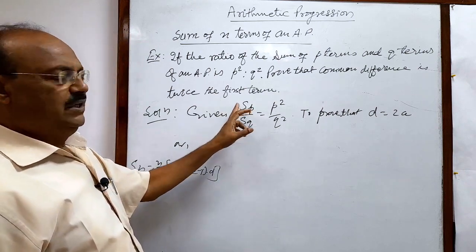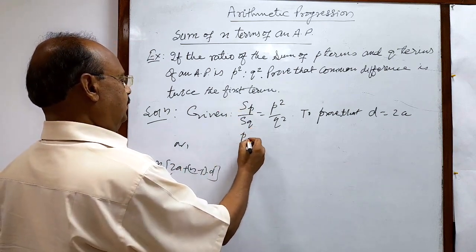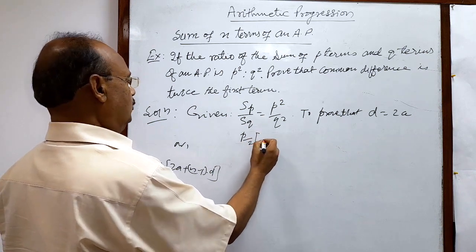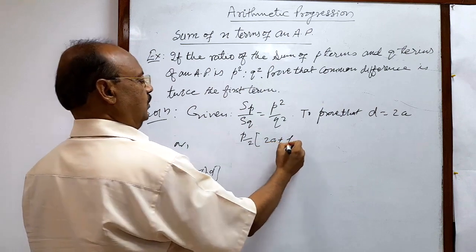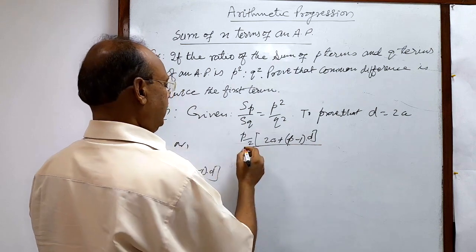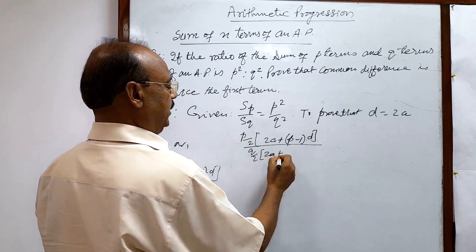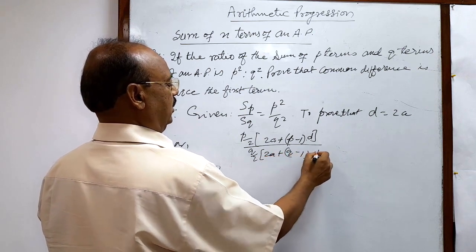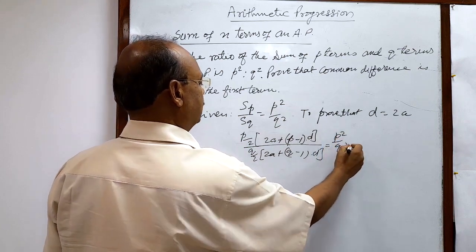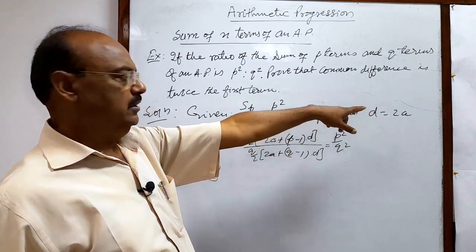So here the sum of p terms, with the help of this formula, we can write p by 2 into (2a plus (p minus 1) into d), and in the denominator, by the same formula, q by 2 into (2a plus (q minus 1) into d). This is given as p square by q square.